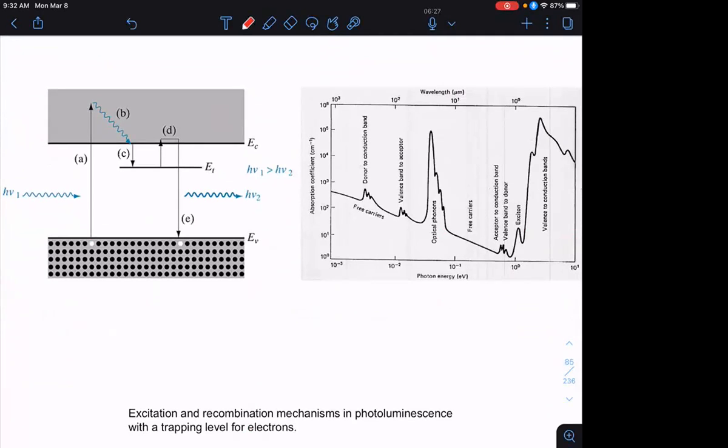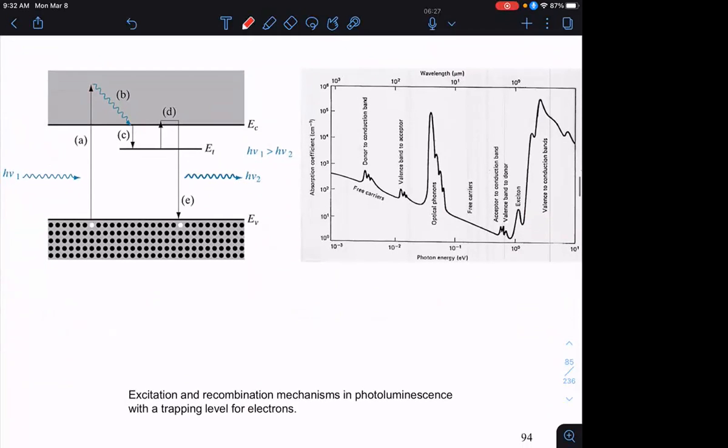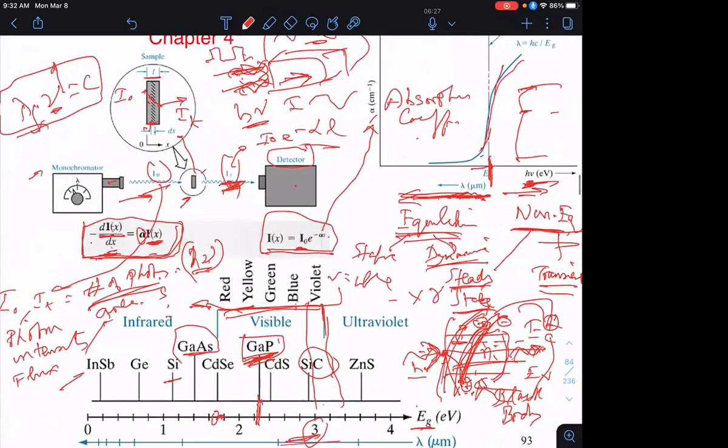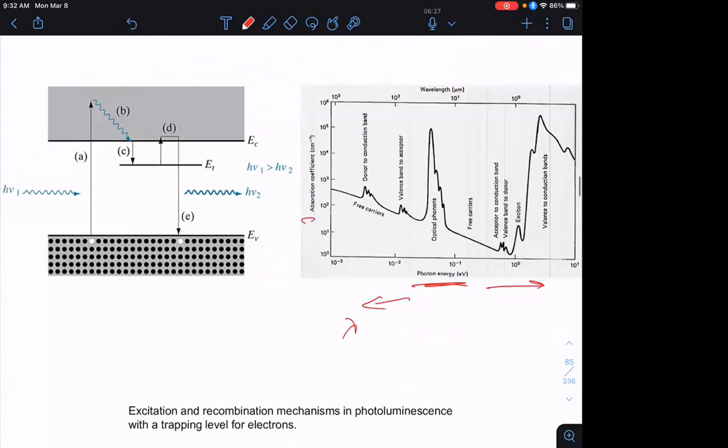Now you can do a more detailed analysis of this optical absorption as a function of photon energy, proportional to the photon frequency, increasing to the right or wavelength increasing to the left, okay? And you find that contrary to this very simple characteristic that I showed in this cartoon view, the actual absorption characteristics have a lot more structure.